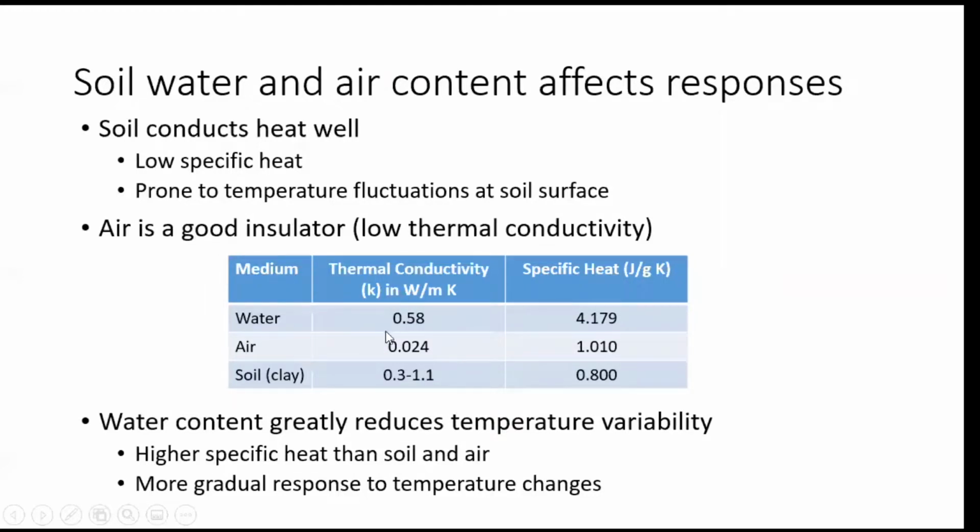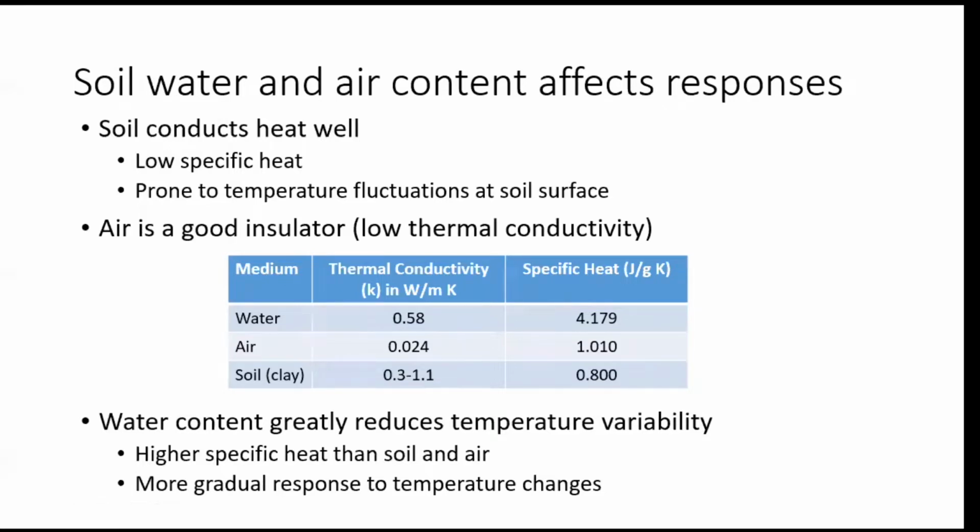What we're seeing here is air is a really good insulator, very similar to why we have coatings on our wires. It's good at holding heat or energy in place, but not necessarily transferring it from one place to another. Both water and soil are fairly good conductors, and so heat can move pretty well through the soil matrix and also through water content itself.